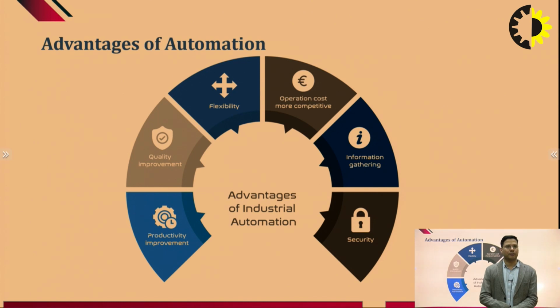Using programmable devices and machines over the course of time enhances the flexibility to change operation at any point of time. When the labor cost is reduced and we are getting more productivity, then the operation cost gets reduced, and we become more capable of getting ourselves recognized in the competitive environment.